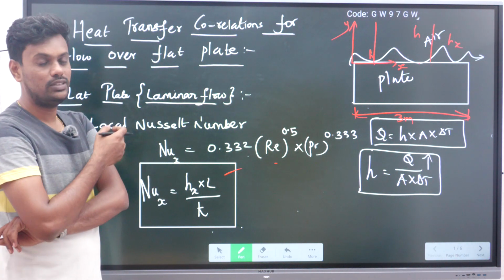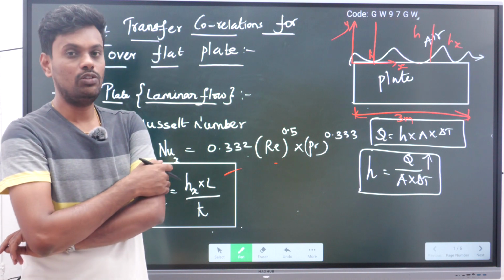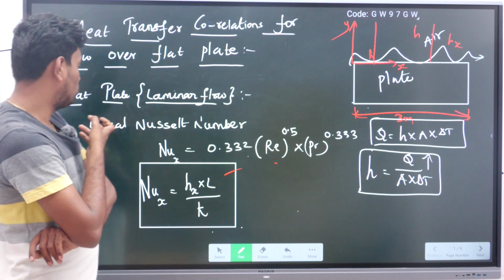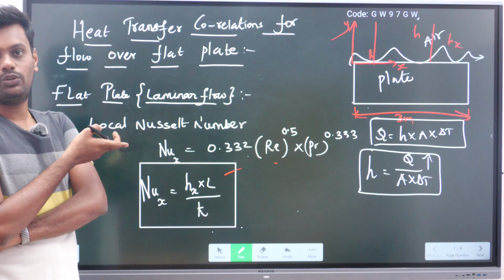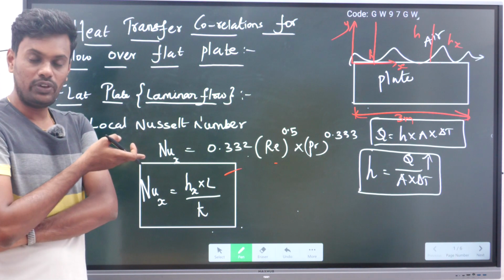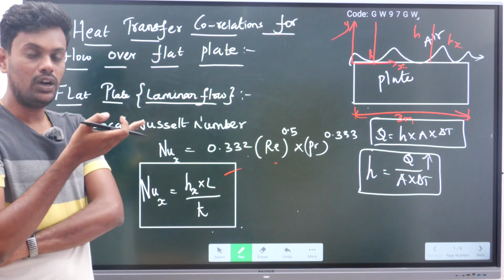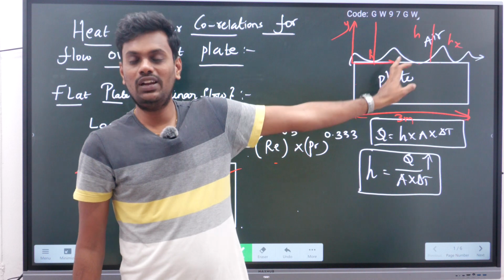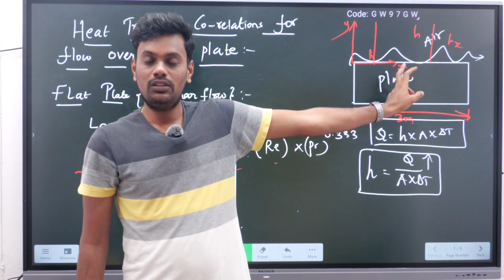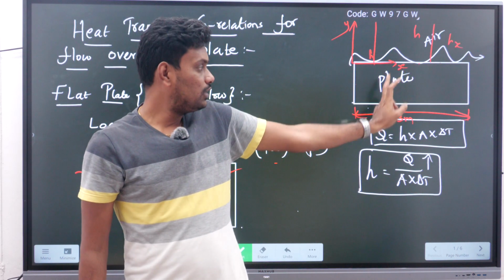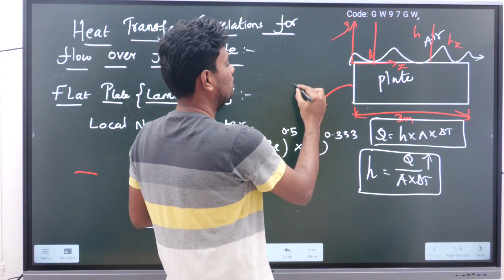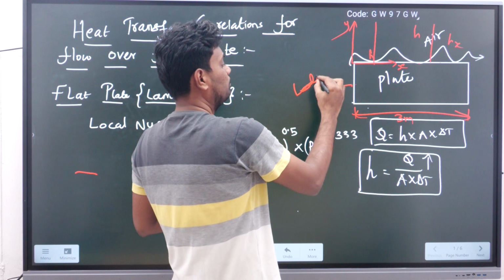So these are the correlations that we need to understand when the flow is taking place over the flat plate. This is the first question, the local Nusselt number we have to find out. Why do we need to find out the local Nusselt number? Because I want this heat transfer coefficient at this point. Suppose the total length is 3 meters, and I want the heat transfer coefficient at 1 meter from the leading edge, as we already discussed in the boundary layer concept.